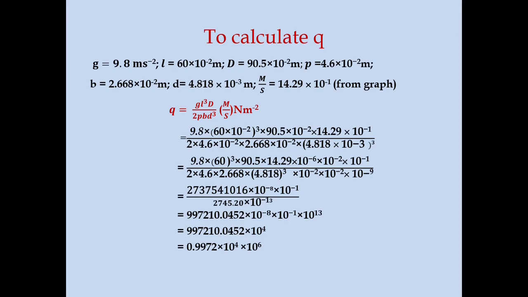Pushing the decimal point, we get 10 power plus 6. So 10 power plus 4 and 10 power plus 6 will yield 10 power 10, which is the needed power for Young's modulus. So we got Q equal to 0.9972 into 10 power 10 Newton per meter square.